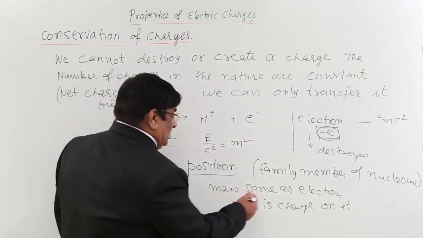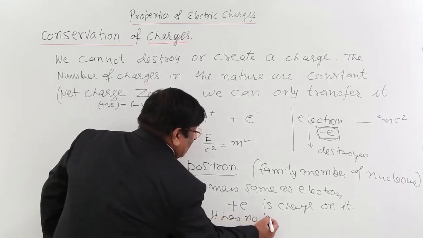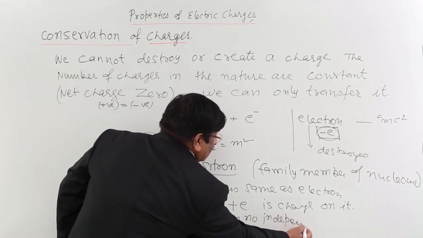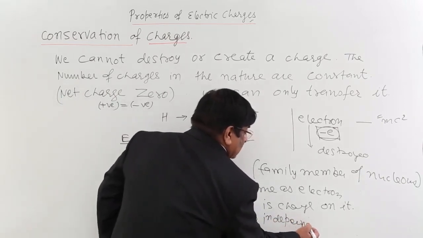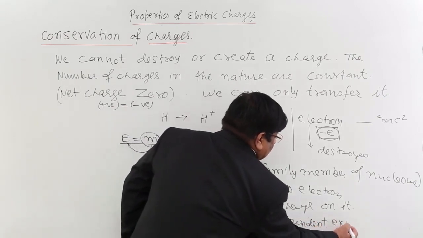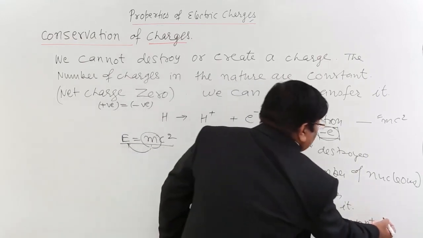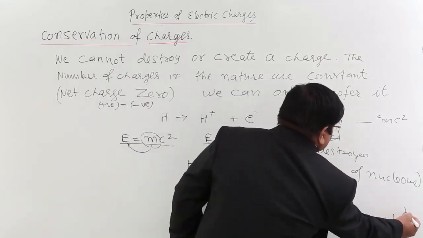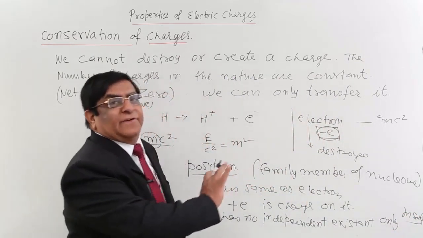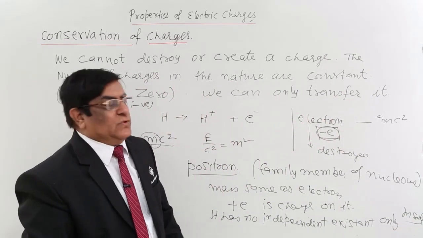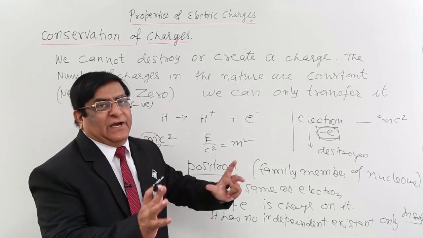So we add that it has no independent existence. It is found only inside the nucleus, and the moment it comes out, it gets combined with something. So it cannot remain independent. So this positron was defined.